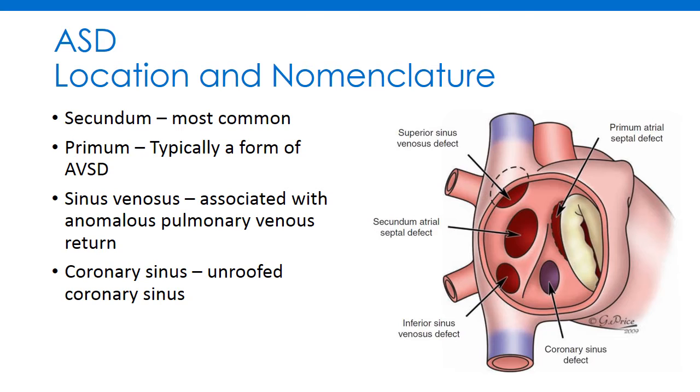We also have a superior sinus venosus defect. So this one is sitting right where the SVC enters, or an inferior sinus venosus defect, right where the IVC enters. There's also where the coronary sinus enters, that can also be a defect down there.